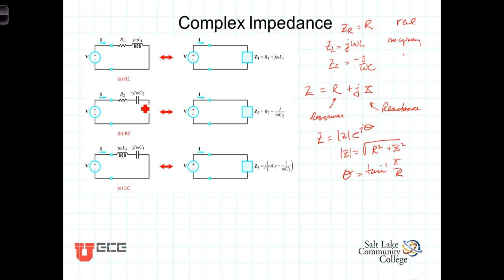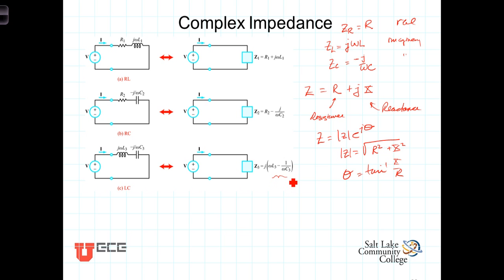If you had a resistor and a capacitor, you'd have R minus j times 1 over omega C. In those instances where you have both an inductor and a capacitor being combined, the impedance will be pure imaginary, and it'll equal j times the positive impedance of the inductor minus the impedance of the capacitor.